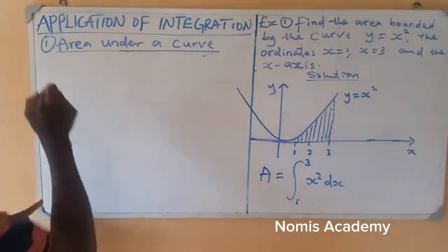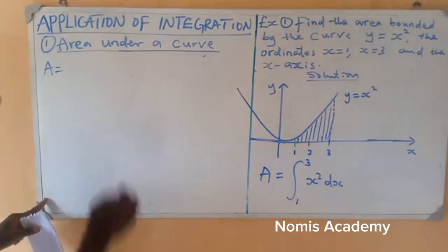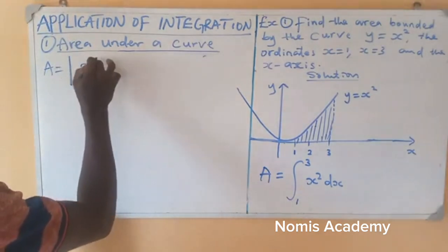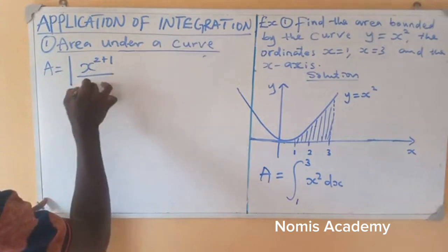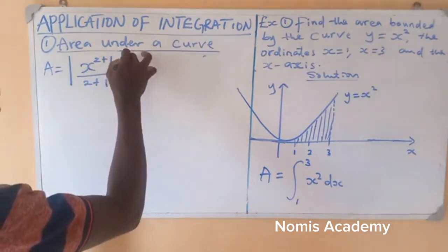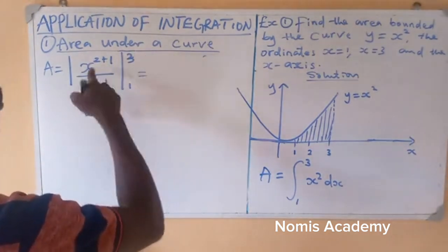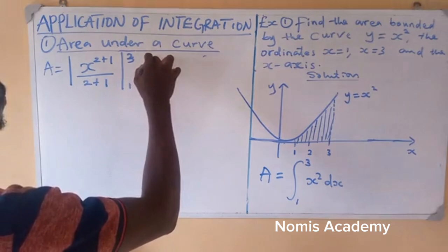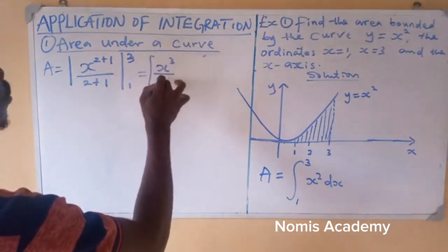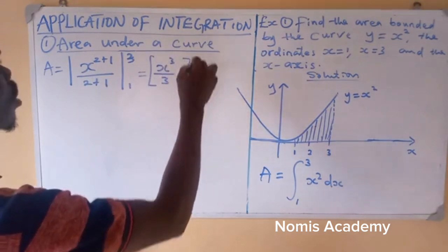Okay, so the area is equal to, now integrate x squared, that will be x raised to 2 plus 1 all over 2 plus 1, with the limits 1 to 3. So that is equal to x raised to the power of 3 all over 3, the limit is 1 to 3.